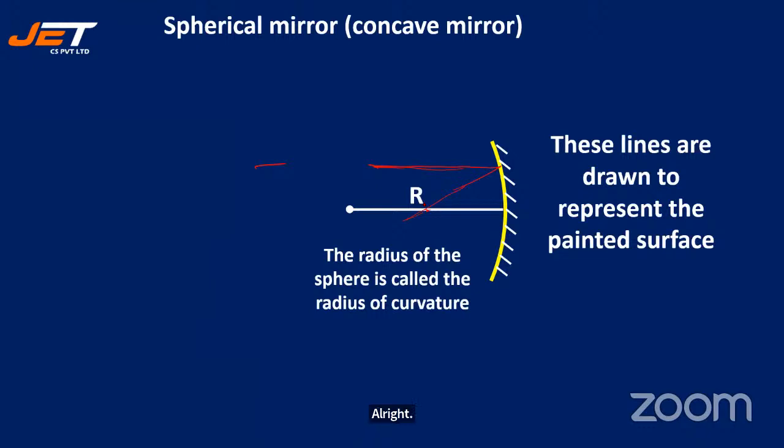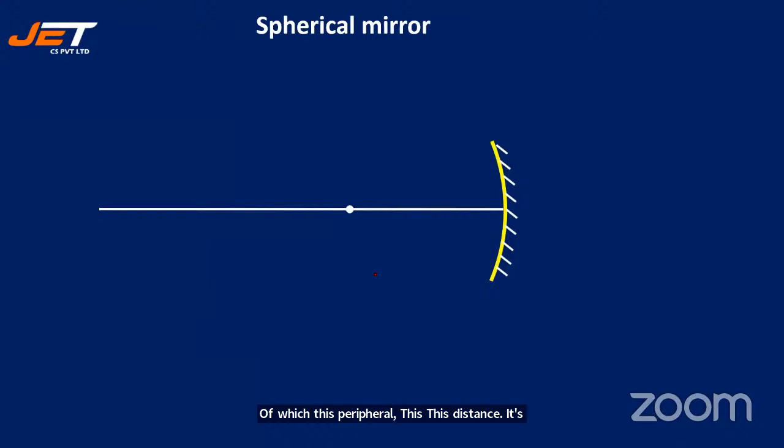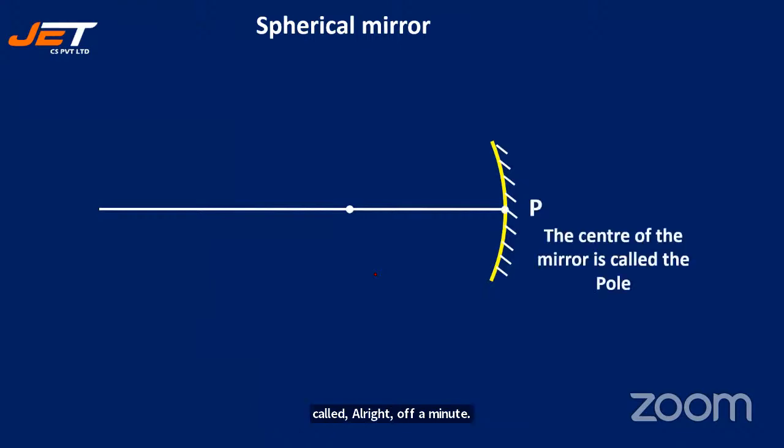Now this is called the radius of curvature. There was a sphere like this, of which this spherical mirror is a part. This C is the center of curvature. This distance is called the radius of curvature of the mirror. Now I have got a principal axis. This is the center of curvature C, and this is P, which is called the pole of the mirror.